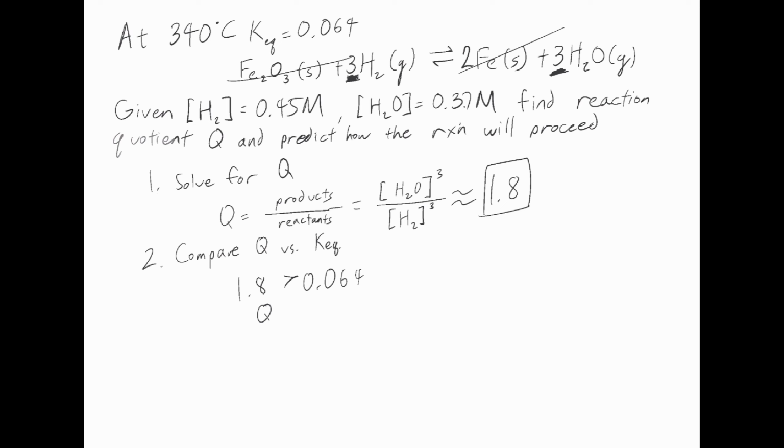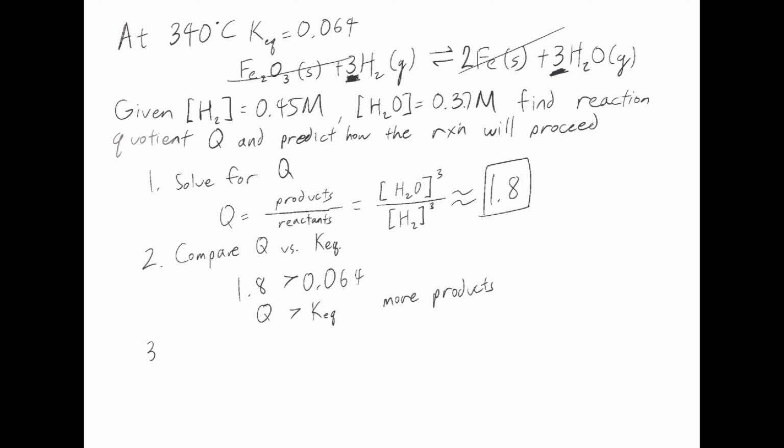Again, Q is greater than KEQ. That actually means we have more products than what the equilibrium would have, because notice that products is the numerator of Q, so there's a direct relationship with Q being large, meaning more products, or lower Q means less products. This means we have more products.